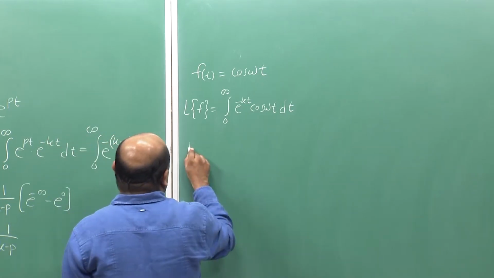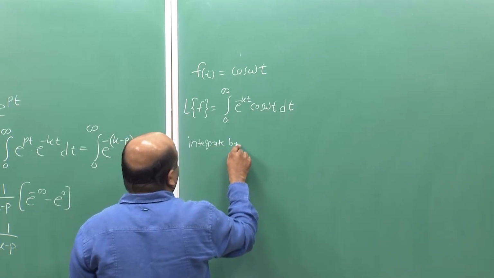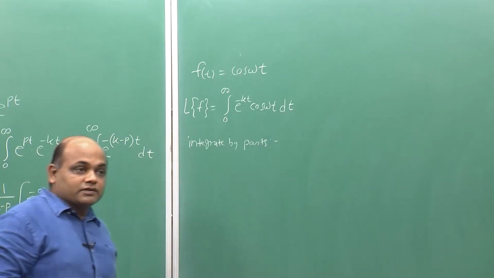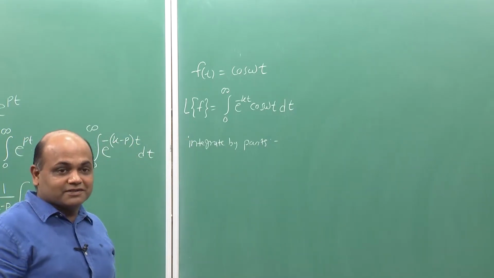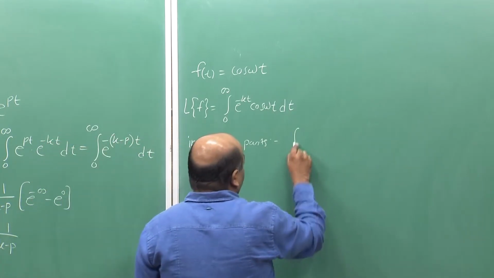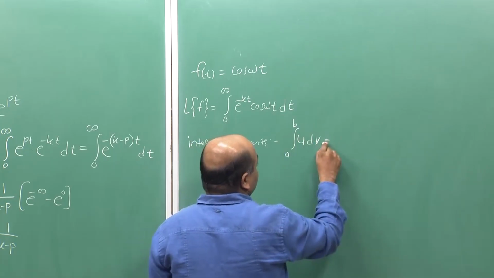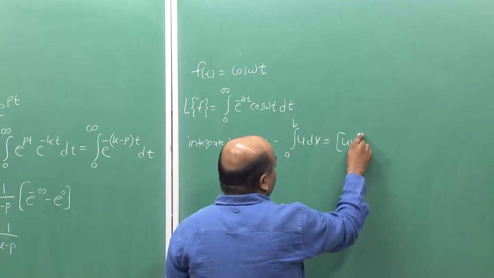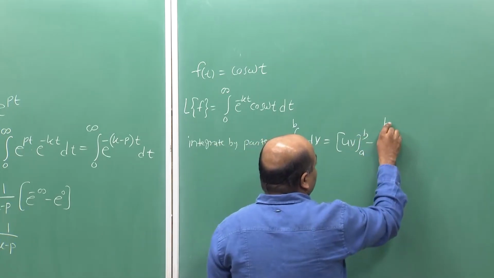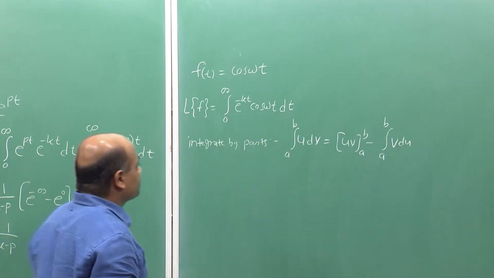So, let us integrate by parts. This is the formula for integration by parts: integral u dv from a to b is equal to u v from a to b minus integral v du from a to b.